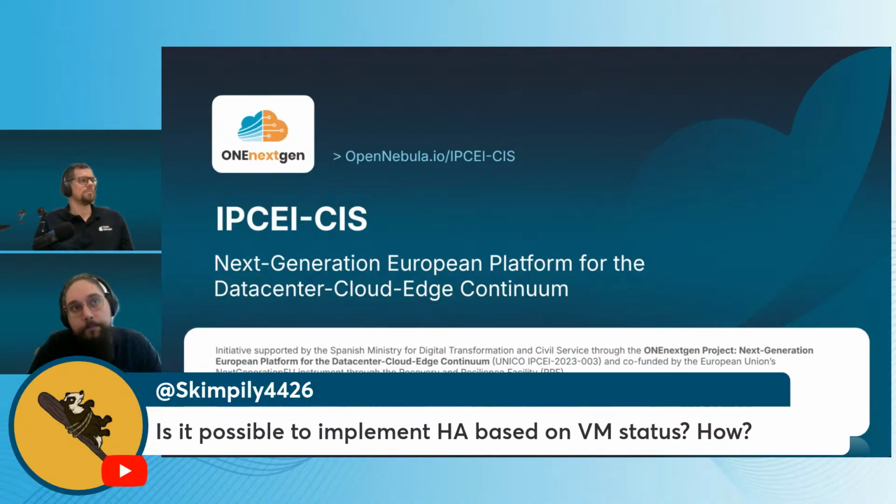We can program that, if let's say we have an application that has something running in a web server, and we detect internally that the web server is failing for whatever reason, then we use OneGate to tell OpenNebula, okay, this is failing, redeploy this VM in another server, or do whatever operation we need to do.